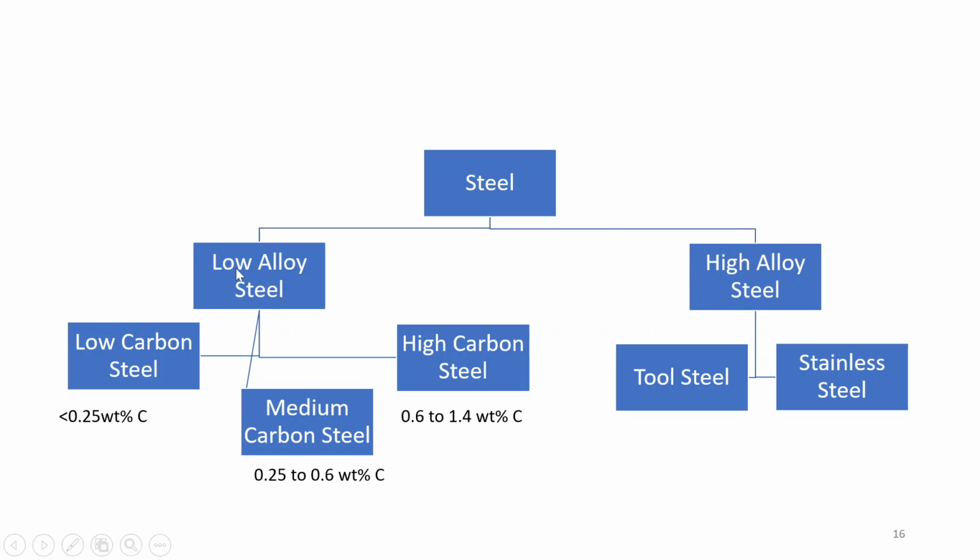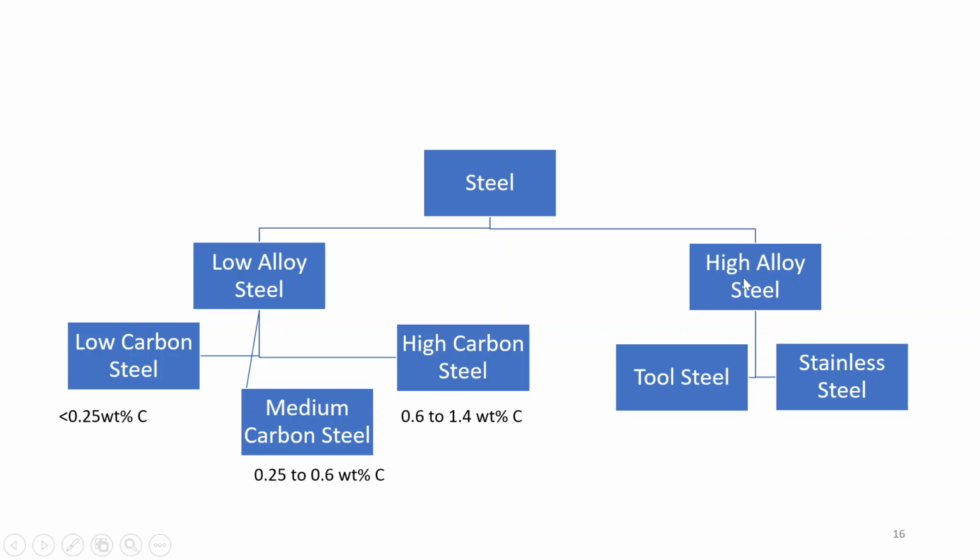In the case of low alloy steel, you have again classification into low carbon steel, medium carbon steel and high carbon steel. If the carbon is less than 0.25 weight percent, then it will be low carbon steel. 0.25 to 0.6 weight percent, then it's medium carbon steel, and 0.6 to 1.4 weight percent, it will be high carbon steel.